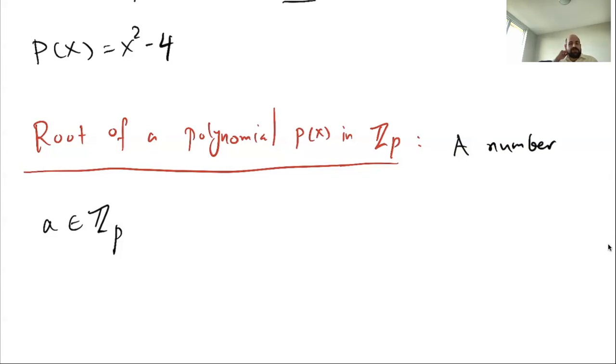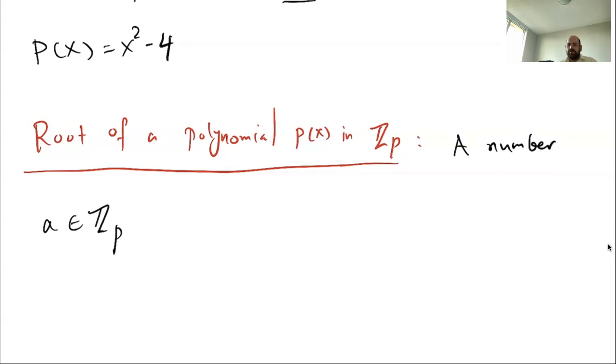Normally in high school, when you say polynomial, your universe is real numbers. You can choose any real number as coefficients or as the inputs of X. But when we say polynomial in Zp, we have changed our universe. Our universe is now only the set consisting of 0, 1 to p minus 1. So for the coefficients and for the values of x, we are not allowed to choose any real number anymore. We have to choose a number from this set Zp. Zp is now our new universe.